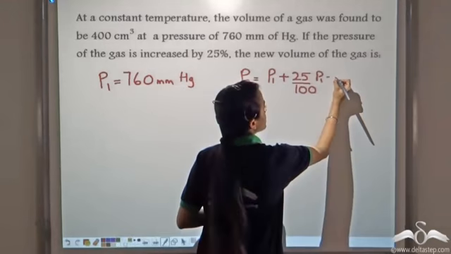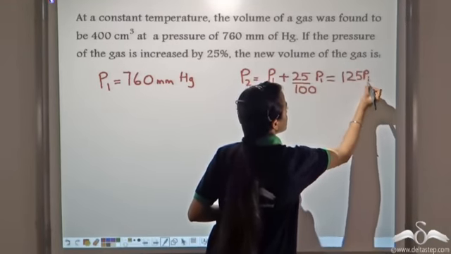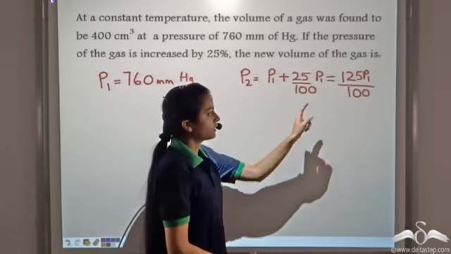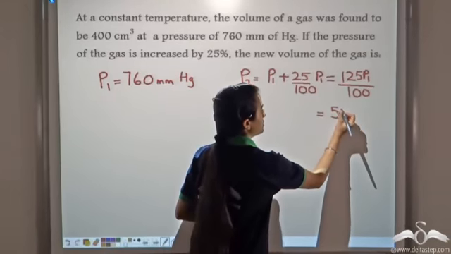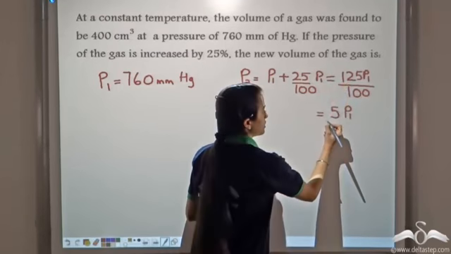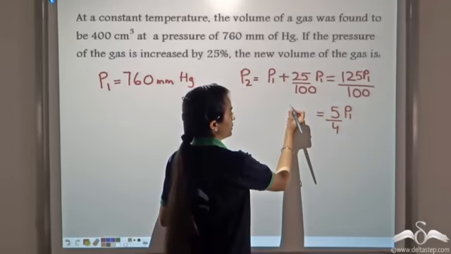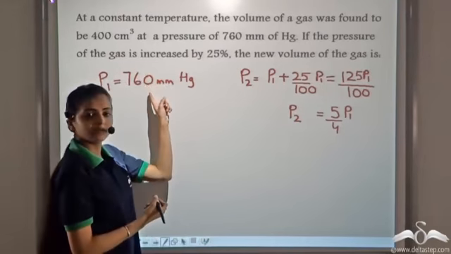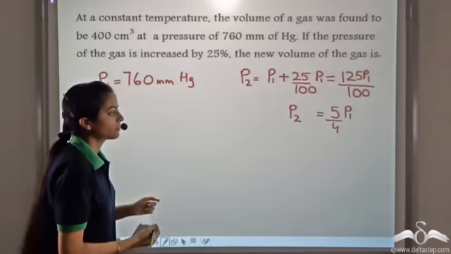So what do we get? We get 125 P1 by 100. So if we divide this by 25, we get 5 P1 by 4. 25 5s are 125, and 25 4s are 100. So this is the final pressure. We need not write this for 760 millimeters of mercury because this will make the calculations lengthier.